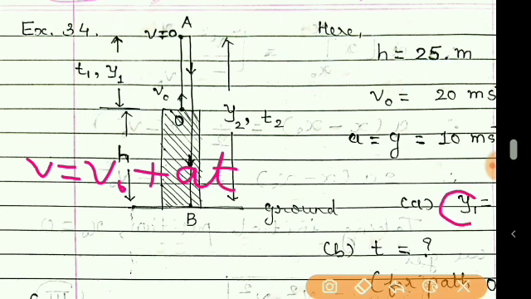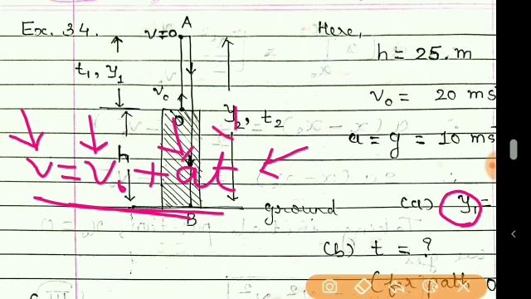In the first part we want to find the displacement, and you can see that in this equation there is no term related to displacement. Here this is final velocity, this is initial, this is acceleration, this is time. The thing which is to be found out is not there in this equation. So we cannot use this first equation.